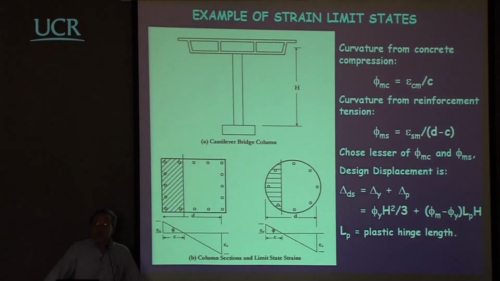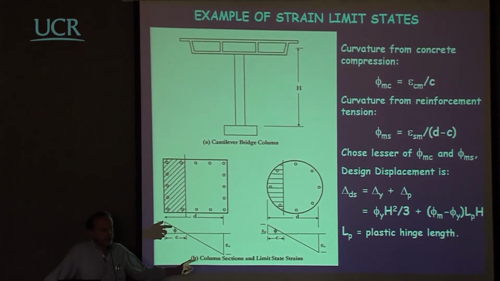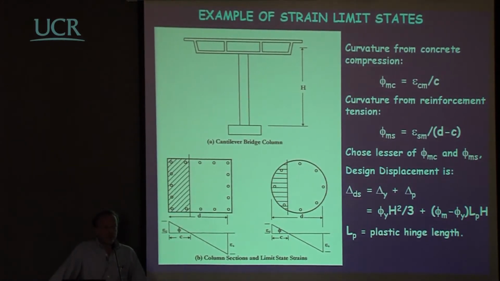So this means that the yield curvature at the base of this column will essentially be 2 times the yield elongation divided by the depth of the column. So you can immediately guess what the yield curvature will be.